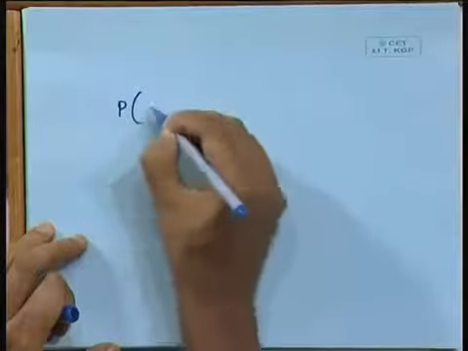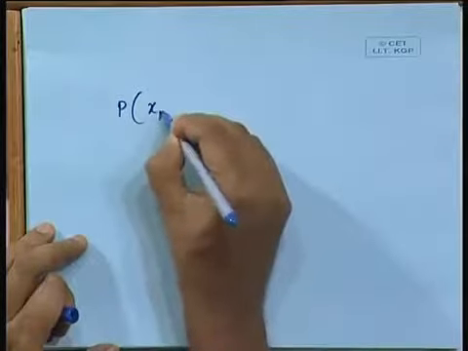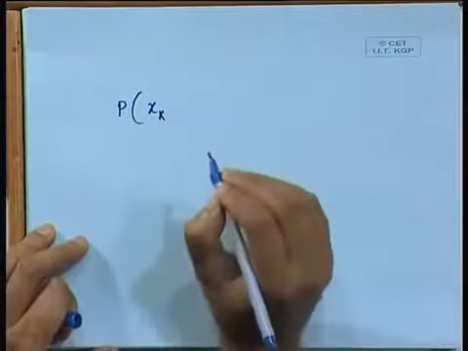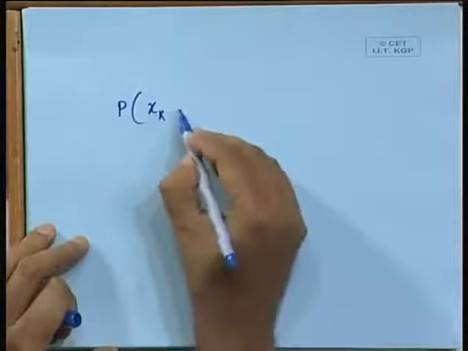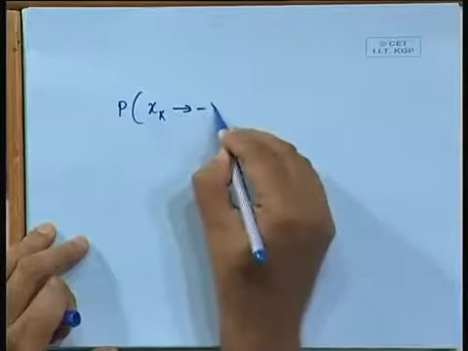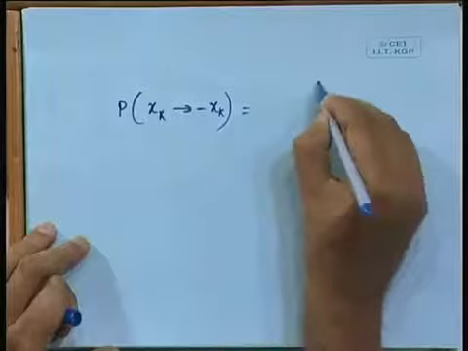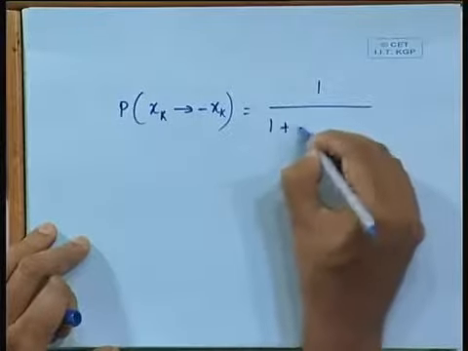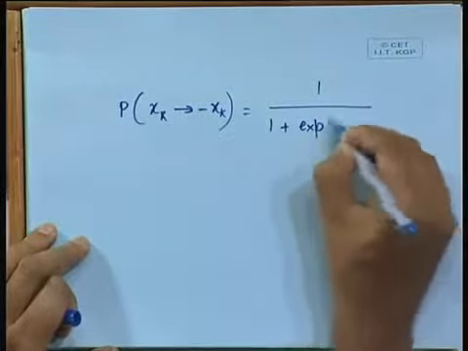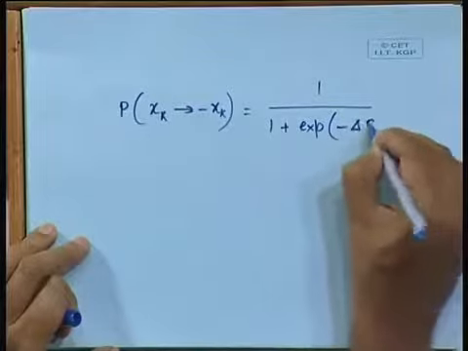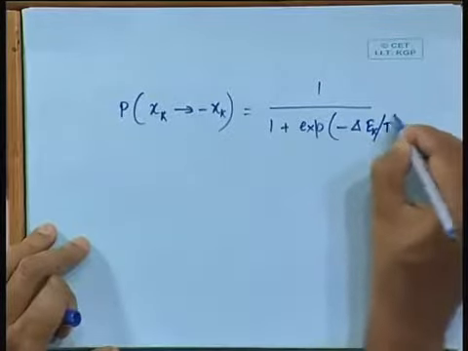The probability that a neuron k flips its state from its current state xk to minus xk is given by 1 over 1 plus exponential to the power minus delta Ek by T.